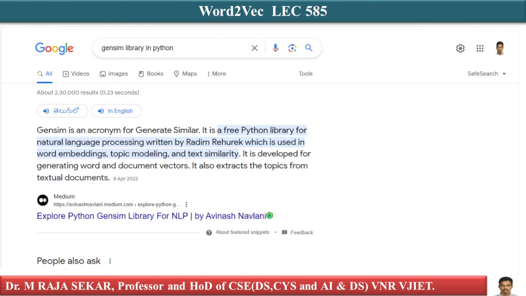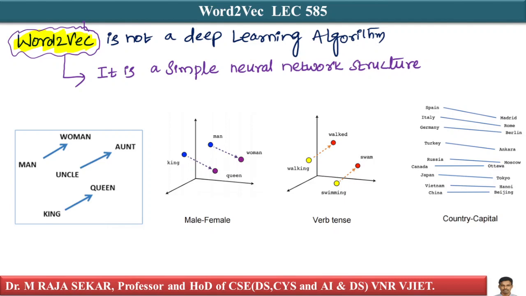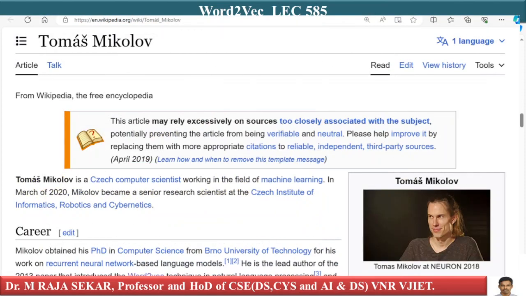Word2Vec is not a deep learning algorithm, isn't it? It is a simple neural network structure, very simple. It was created by a team led by Mikolov and others at Google. Tomas Mikolov is one of the famous machine learning engineers.